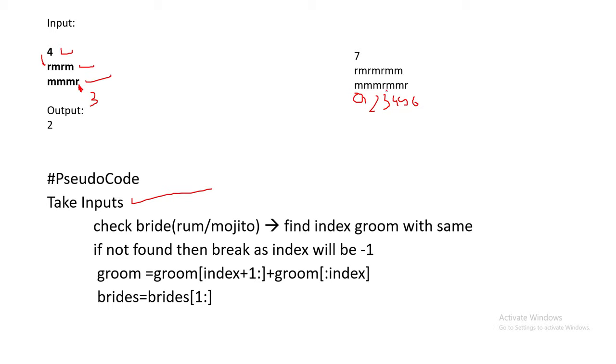So we will take all these grooms, and they will be our first ones, like M, M, and R. Got it? And all these grooms will be at the back, right? So we just do the groom index, and this will just go with each other.